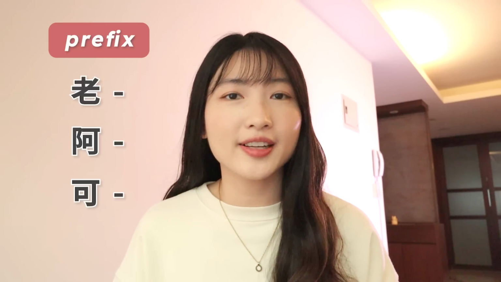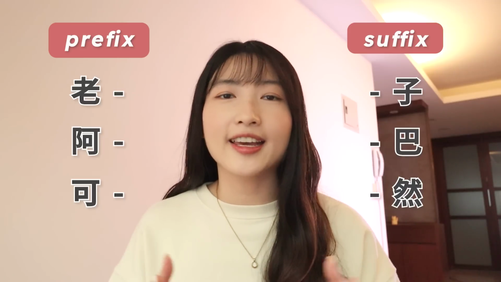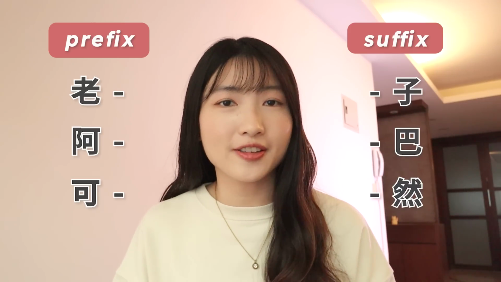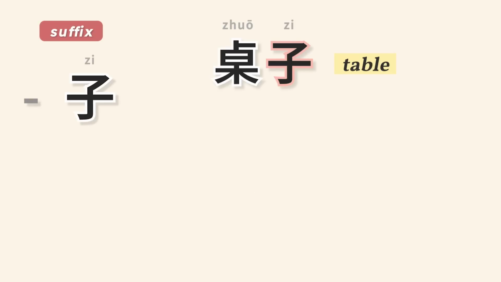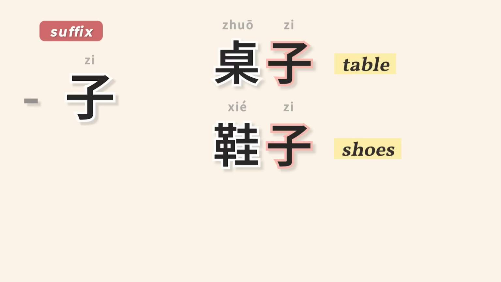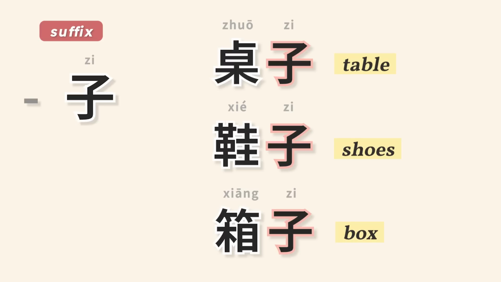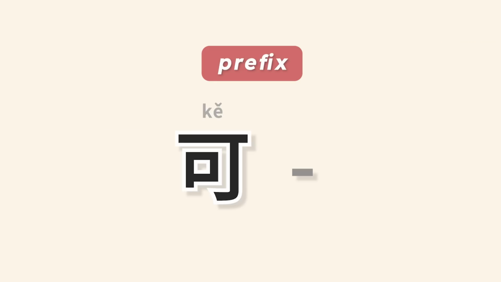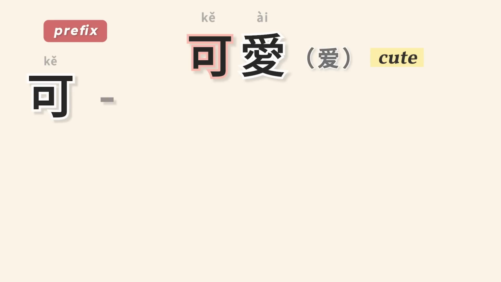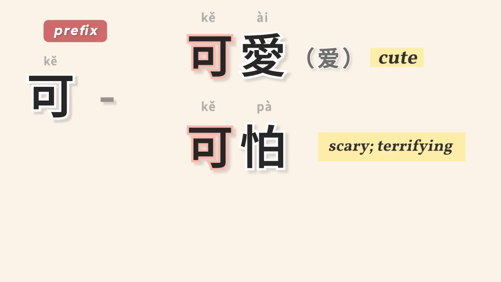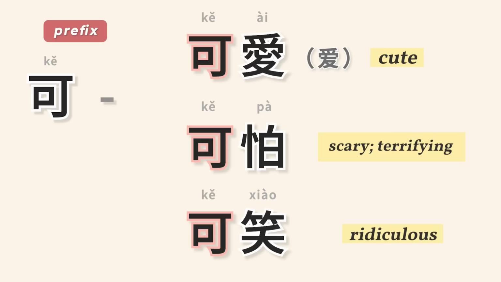By knowing common prefixes and suffixes in Chinese, it can actually help you better understand the parts of speech of these words. For example, Chinese words with the suffix 子 are normally nouns, like we saw 桌子, 鞋子, 箱子. Chinese words with the prefix 可 are often adjectives, such as 可爱, 可怕, 可笑, etc.